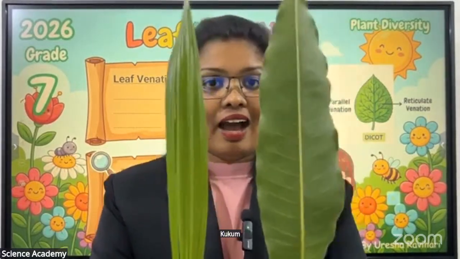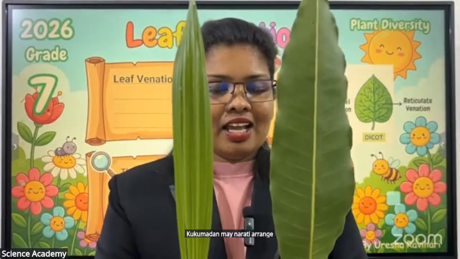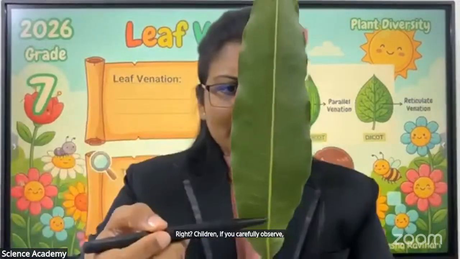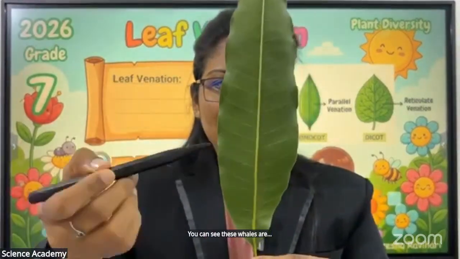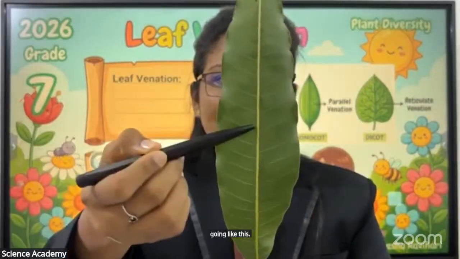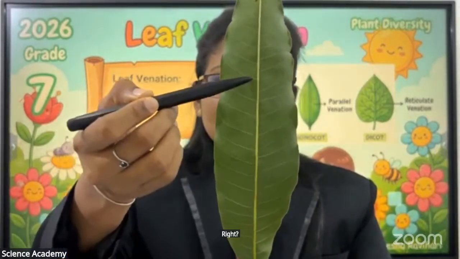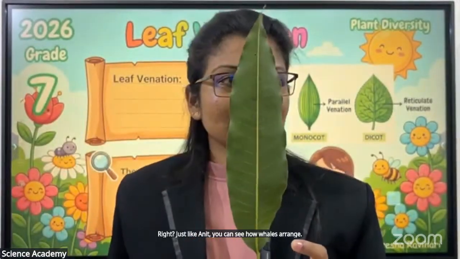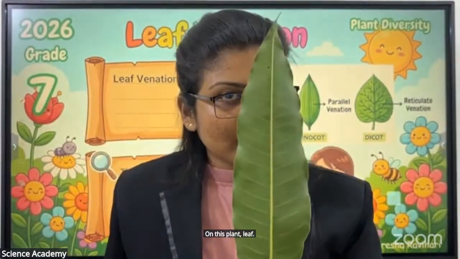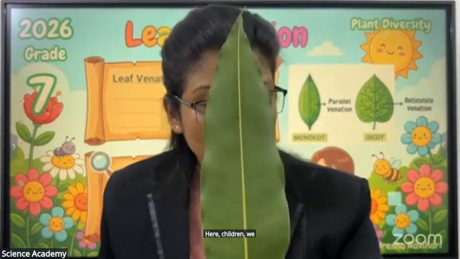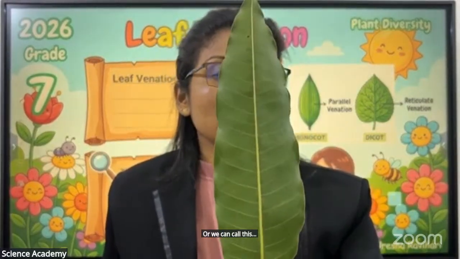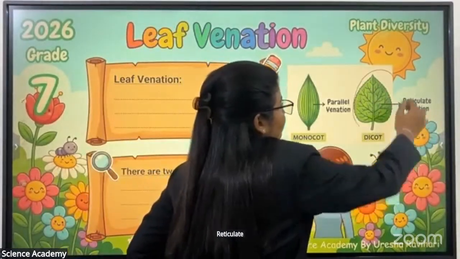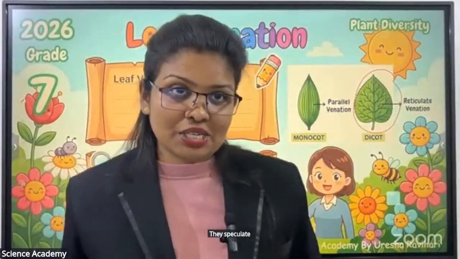How are these veins arranged? Children, if you carefully observe, you can see these veins are going like this, just like a net. We can call this venation reticulate venation.